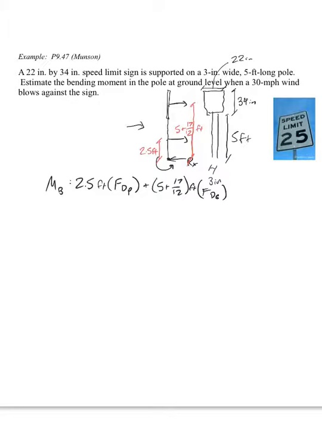So let's write out our drag equation. Our force of drag, let's do the sign first, on the sign is equal to CD 1/2 rho v squared A. So we have to find our CD for the sign, and for that, we're going to go to table 11-1 in our book.